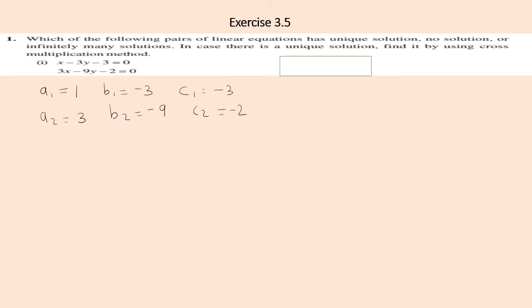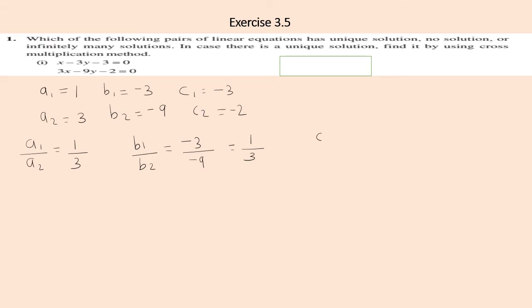Now to find whether it has a solution or not, you have to find the ratio of the coefficients, that is a1 upon a2, that is equal to 1 upon 3. Now b1 upon b2, that is equal to minus 3 upon minus 9. By cancelling the common factors, you are getting it as 1 upon 3.